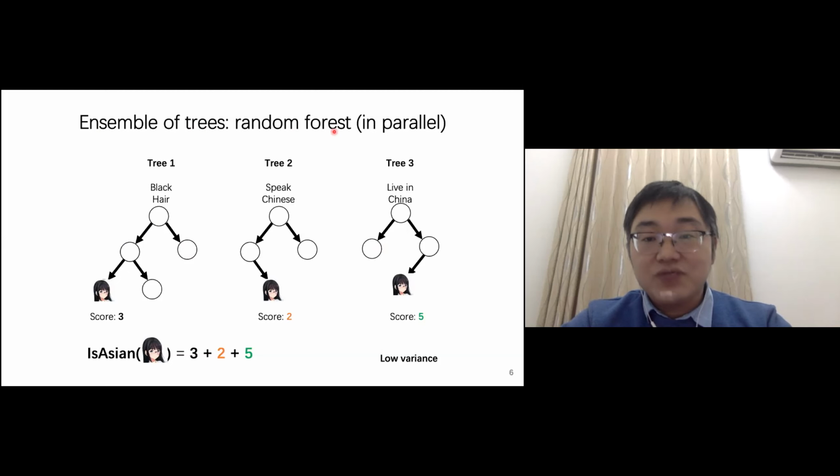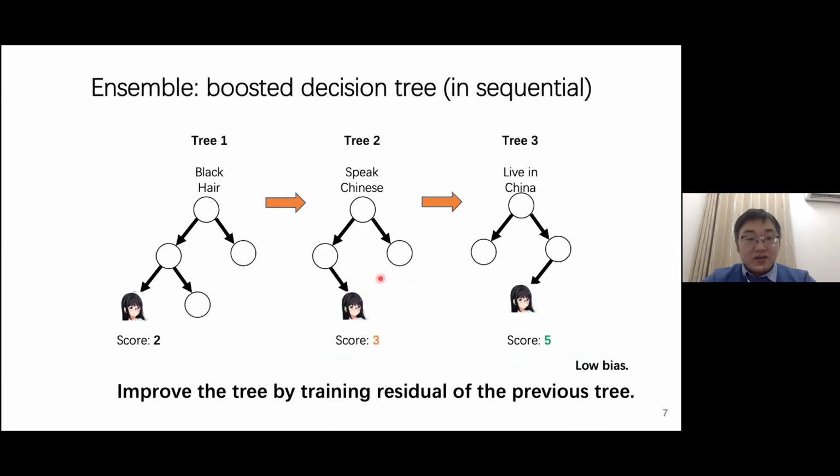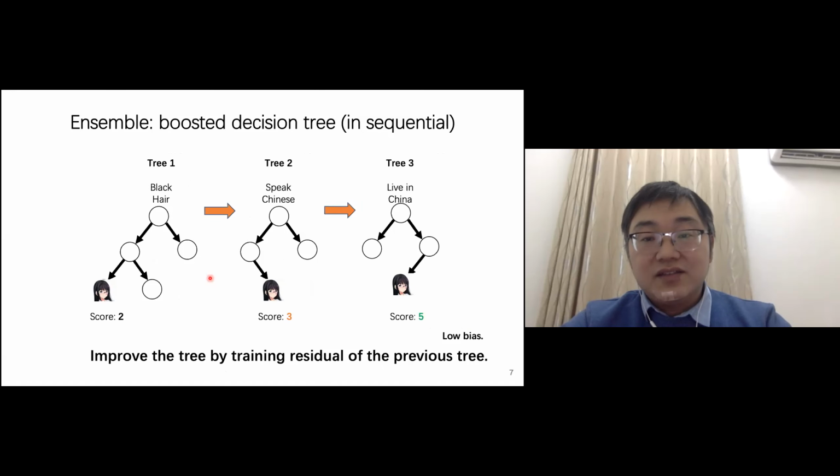For example, in a random forest, one can train many different trees in parallel. The final result is a weighted average of different trees. One can also train an ensemble of trees sequentially. The second tree is trained to improve the first tree by training on the residue of the previous tree. So this is called a boosted decision tree.